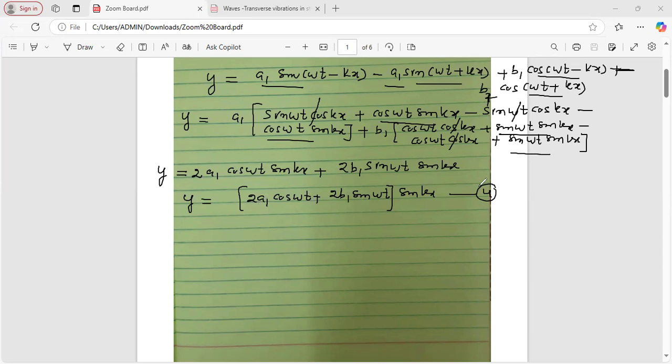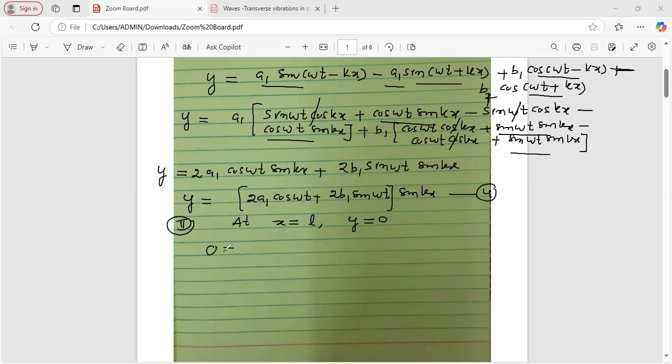In this, let us apply the second boundary condition. What is the second boundary condition? At the second end of the string, at x equal to l, since it is also fixed, displacement y equals 0.